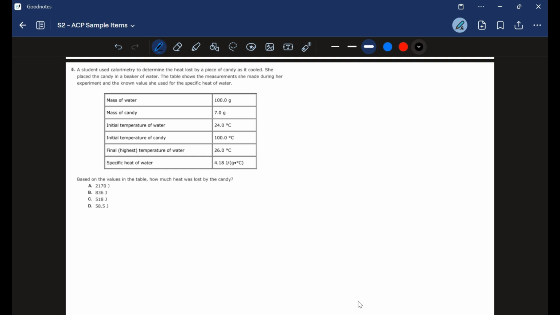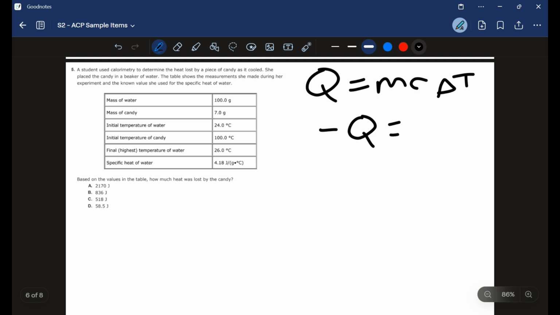Based on the values in the table, how much heat was lost by the candy? So in your reference sheet, you have the equation for specific heat, which is Q equals mc delta T. And we learned in class that heat lost, so negative Q, is equal to heat gained, positive Q.